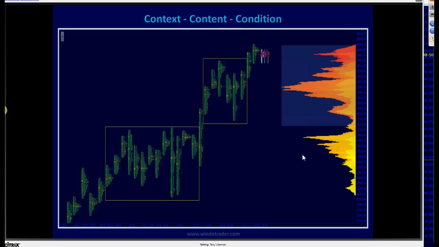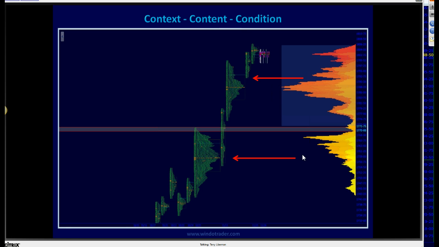What I've done here is isolate the balance areas, which would be the bracket, the combination of the two yellow squares, and I put those together in what's called a merged profile.